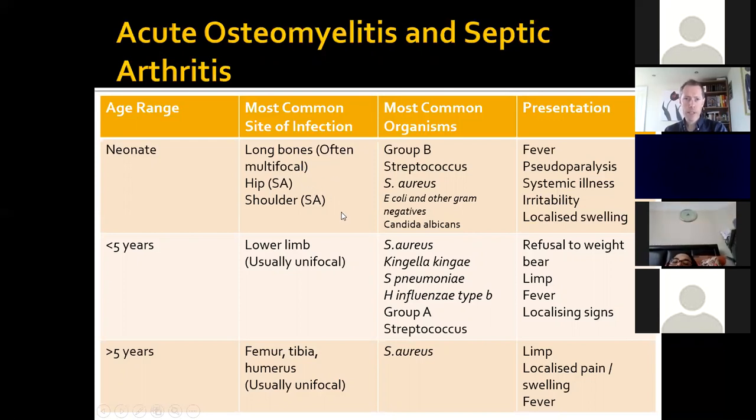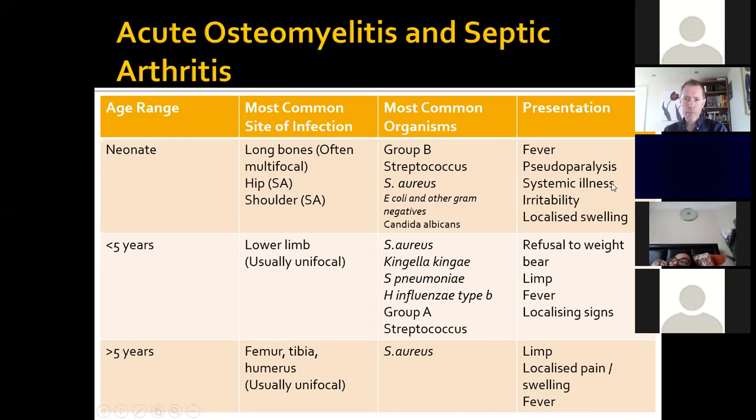Septic arthritis most often involves the hip and the shoulder, which we don't see very often in other age groups. And the most common organisms here include group B strep, but also Staph aureus, and then a whole bunch of other organisms, including gram-negatives and fungi, which are predominantly seen in those receiving neonatal intensive care who have bacteremias or fungemias as a consequence of their neonatal intensive care.